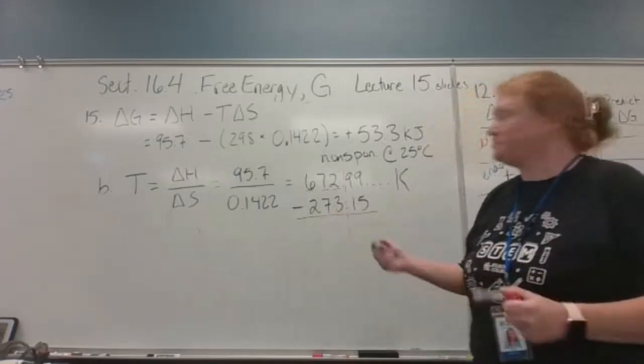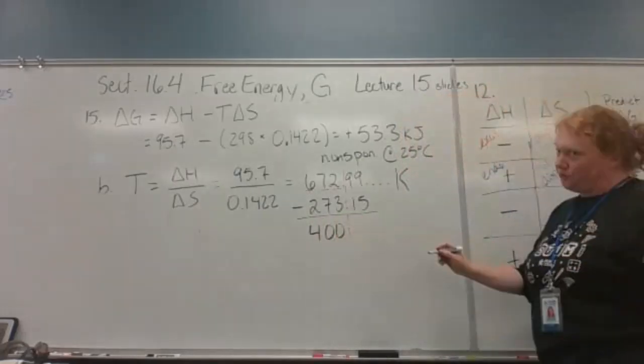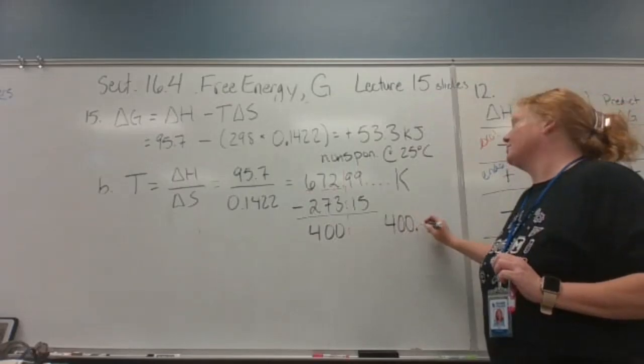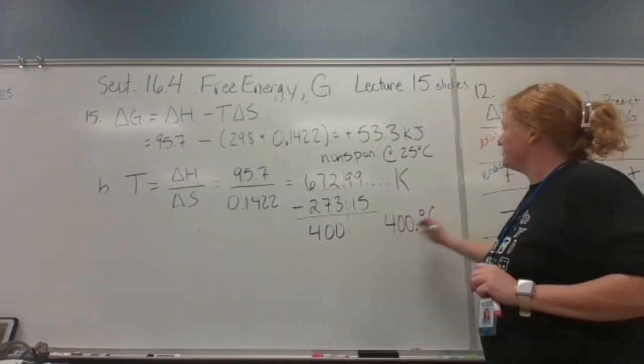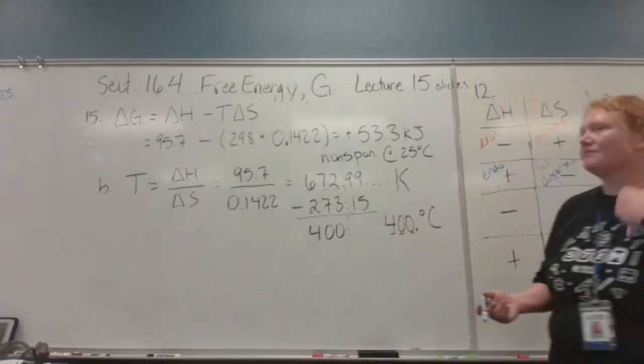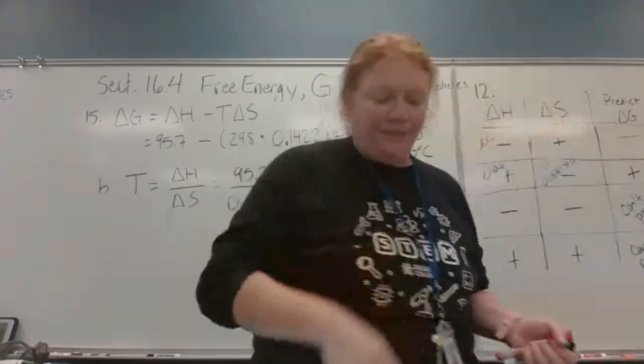And I got the number 400. So I would actually want to write this as 400 with a decimal point specifically written there, so that that's 1, 2, 3 sig figs. That's why I do that.